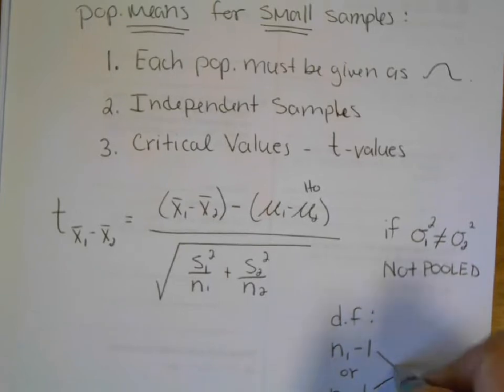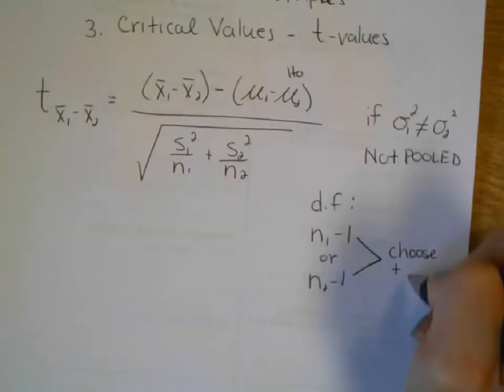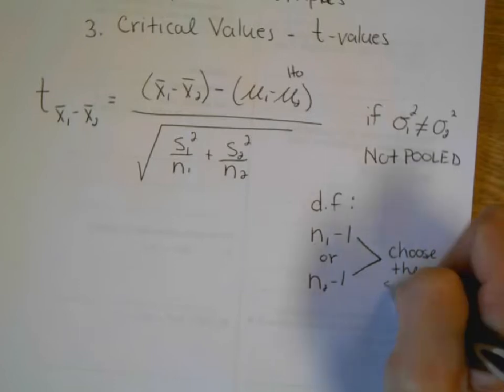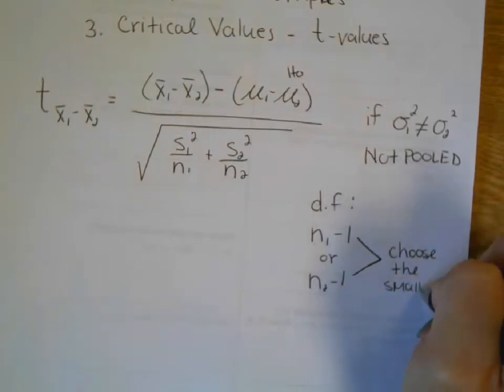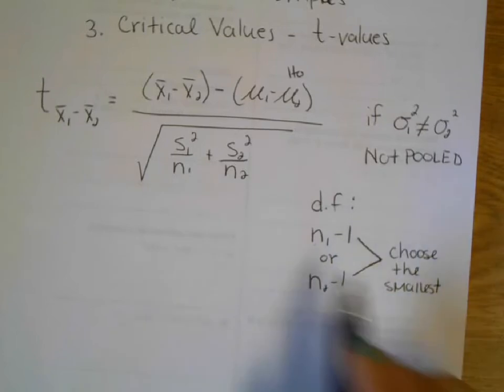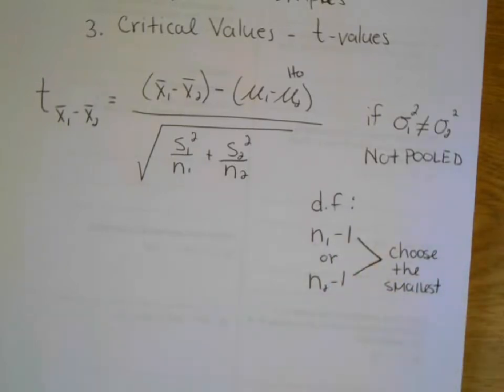So whichever one of those comes out the smallest after the subtraction, that's the degrees of freedom you use on your T-table.